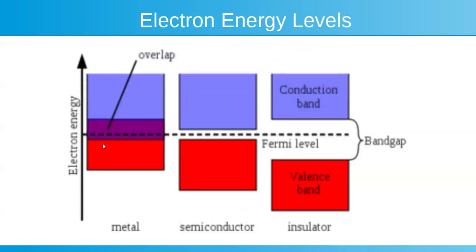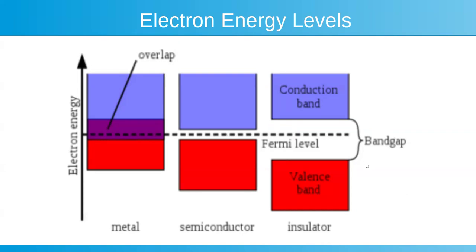This just shows, for metals, where you have the energy levels overlapping. And this dotted line in here is called the Fermi level. Enrico Fermi, I think he was an Italian physicist, came up with this energy level where the probability of an electron being on one side or the other is 50% at that energy level.